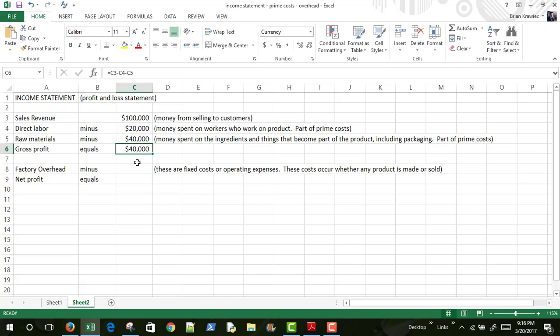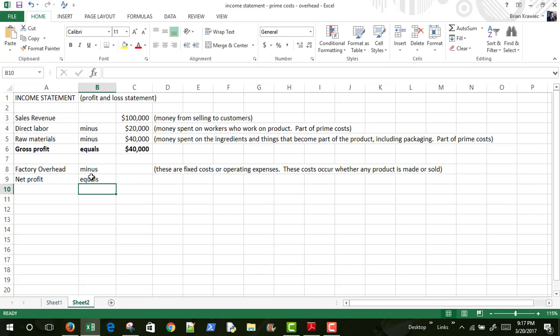So this formula, as you can see, is right up here. It's basically saying take sales revenue and subtract direct labor, subtract raw materials. What you have is gross profit. I'm just going to hit enter right there. All right, so that's gross profit. I'm going to bold that. That was Control B, by the way.